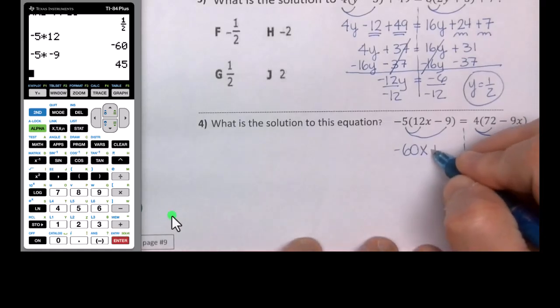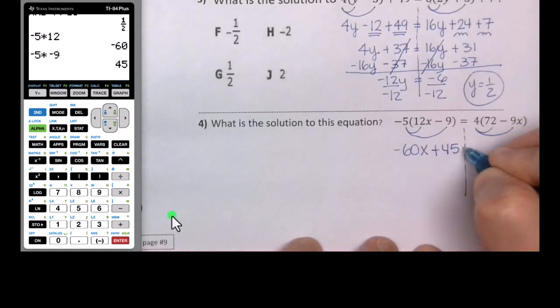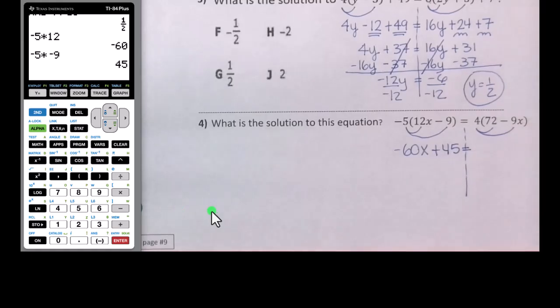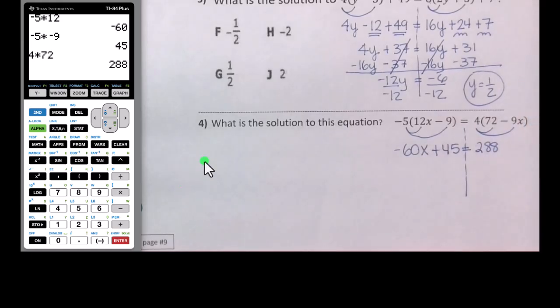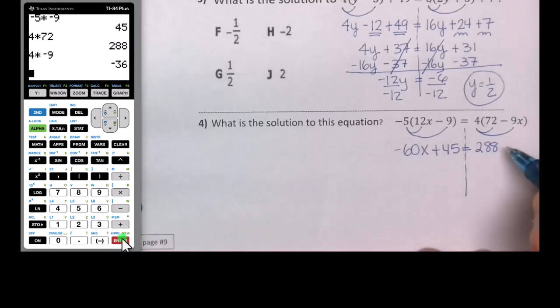We get positive 45. Then we're going to do 4 times 72. We get 288. And then we have 4 times negative 9. And we get negative 36x.